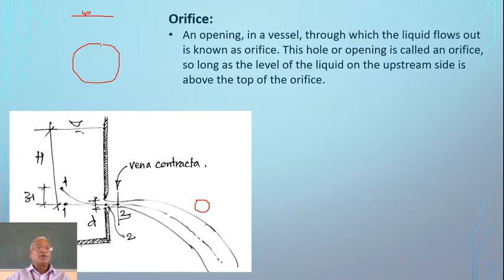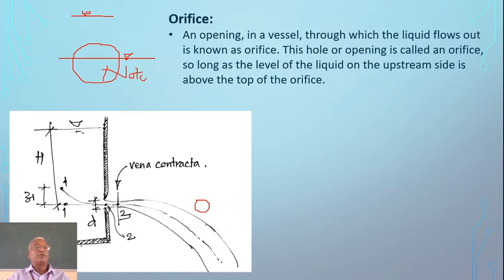As long as the water level is above the top of the opening, this is called an orifice. Of course, depending upon the diameter of the opening and how high the liquid is standing above it, you classify it as a small orifice or big orifice. But if the water level comes below like that, this will not be an orifice, this will be a notch or a cut.